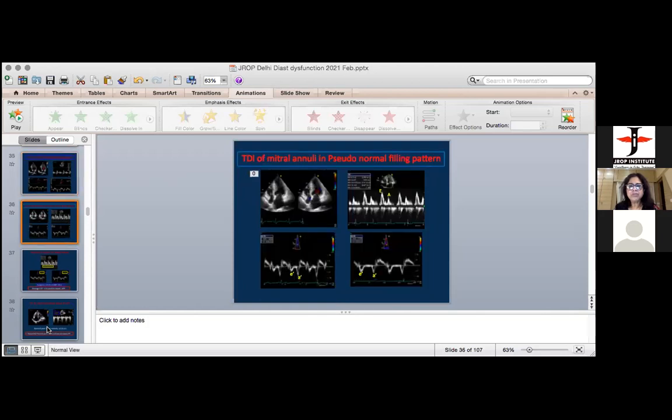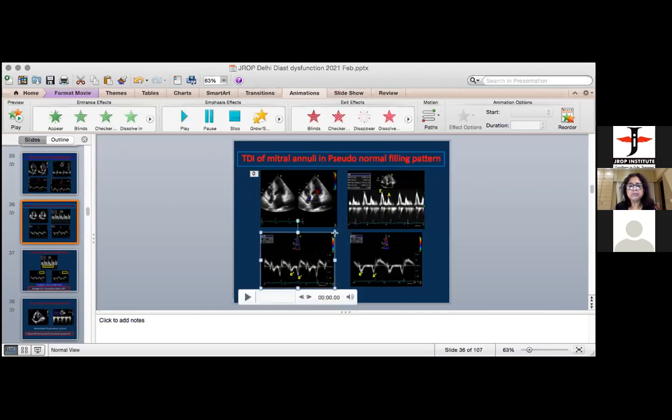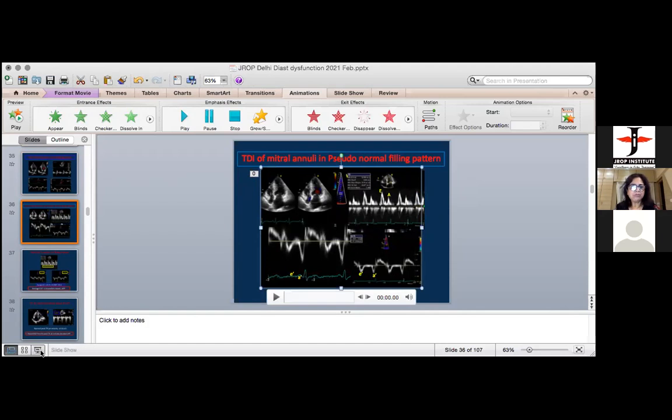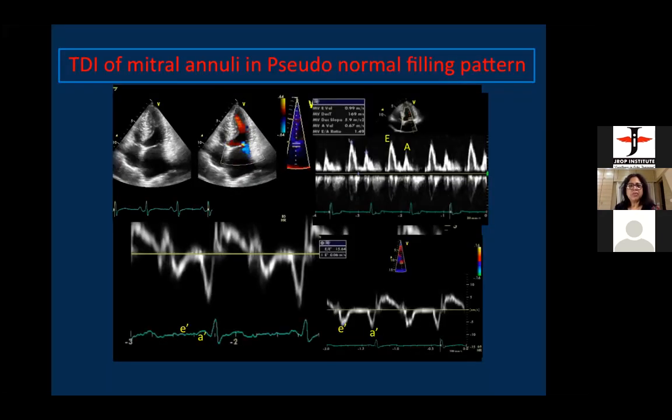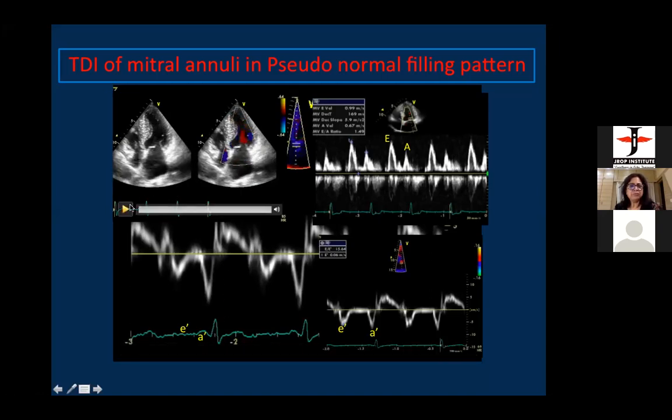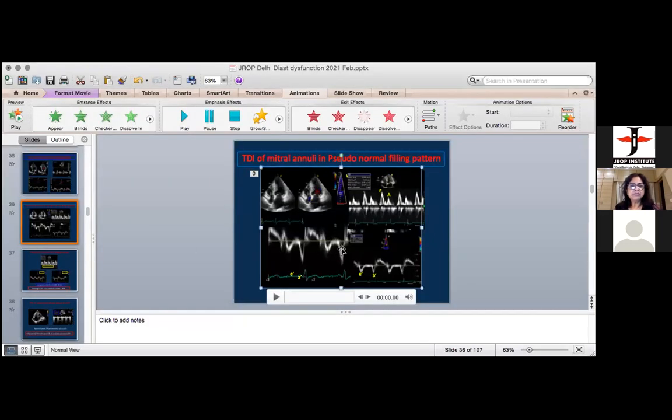You can zoom in and go to full screen and show where the S wave ends and the E prime starts. That's the time interval between them.